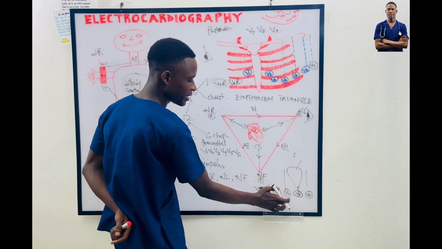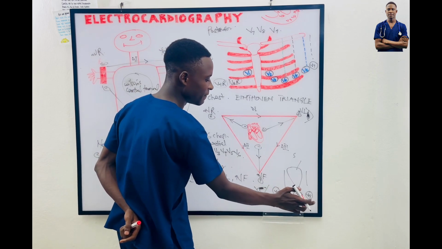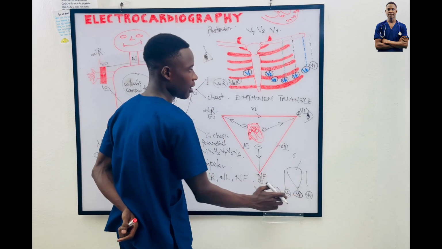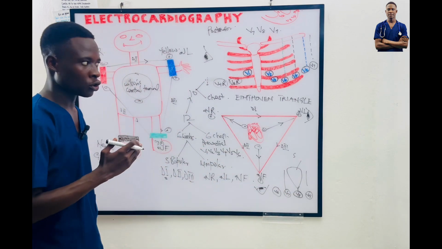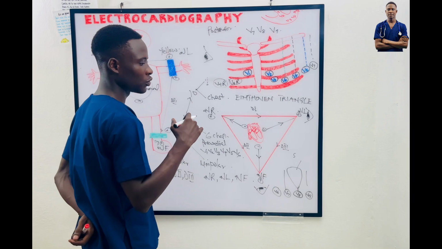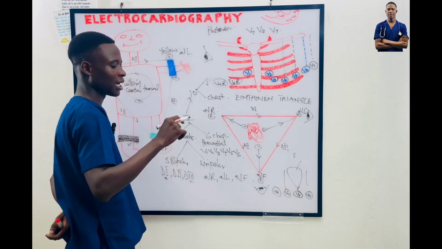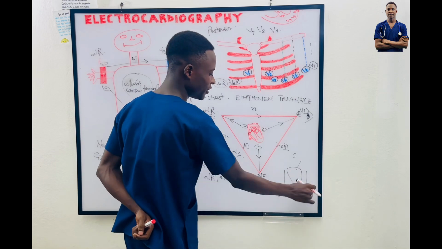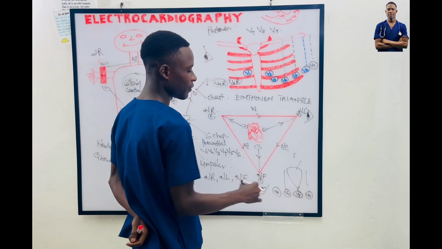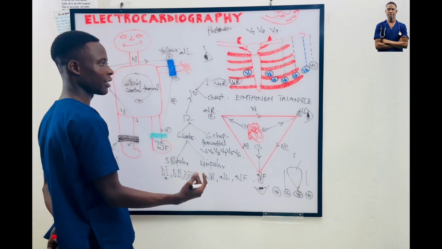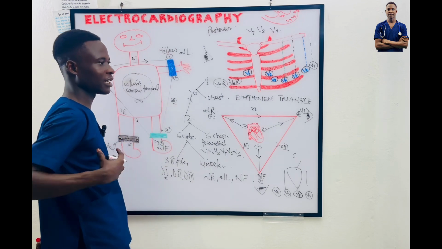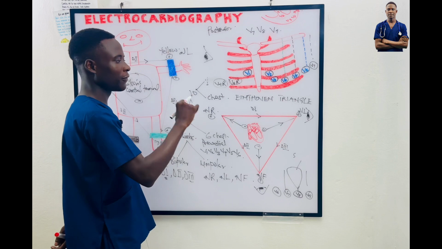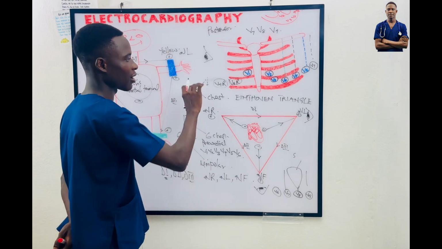So we have our V7, V8, and V9. They take information from the posterior part of the heart. If you want to check that part, we go for these additional 3 leads, V7, V8, and V9. If you want to check the right ventricle, we go for the V4R and the V3R.